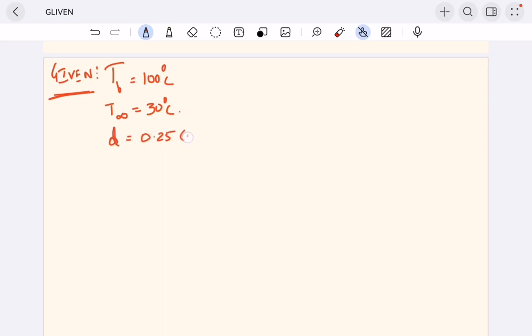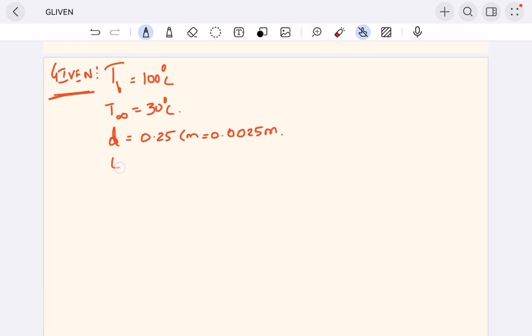So the given data, what is given to us? Let's sort it out. So the base temperature is 100 degrees centigrade. The surrounding temperature, T infinity, is 30. Diameter of the pin is 0.25 centimeter or 0.0025 meter.